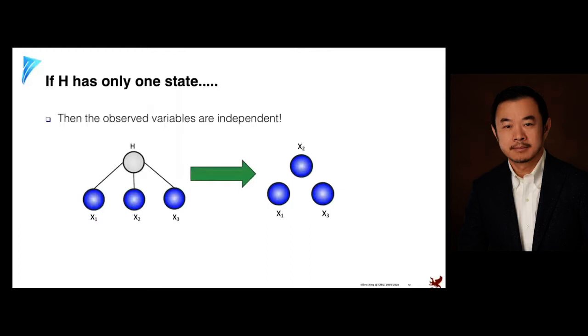But you're right. You can imagine intuitively that if h equals 1, it doesn't matter what value h takes. x1, x2 and x3 will just behave the same as if there is no influence from h, because it has only one value to take.